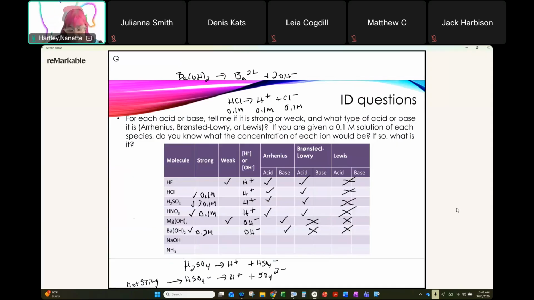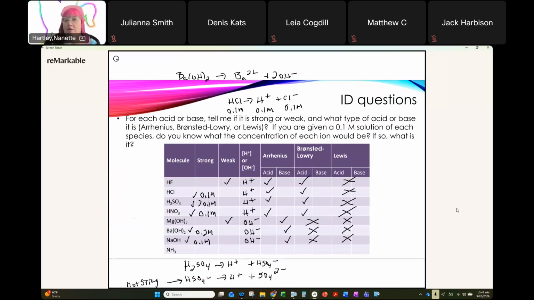Now, NaOH, I know, is a strong base. I don't have to check the list, but if I check the list, I will see it's on it. It is definitely an OH minus donor, and therefore it will be an Arrhenius definition of a base, not necessarily Bronsted-Lowry, not necessarily Lewis. Because it's a strong base, it completely dissociates. Therefore, I end up with a 0.1 molar solution there.